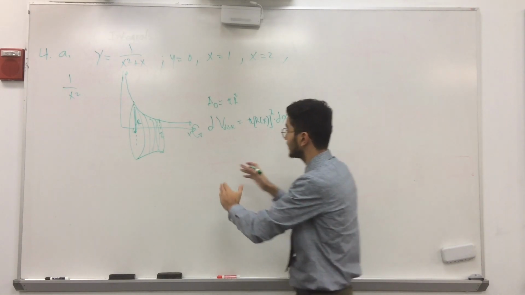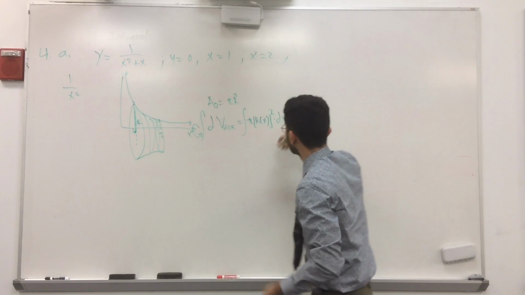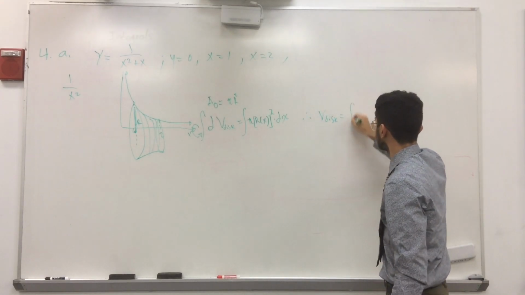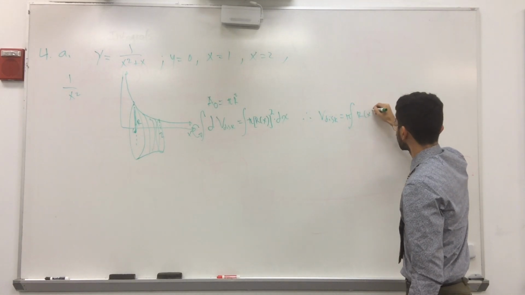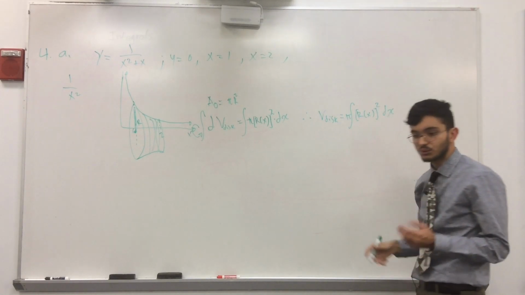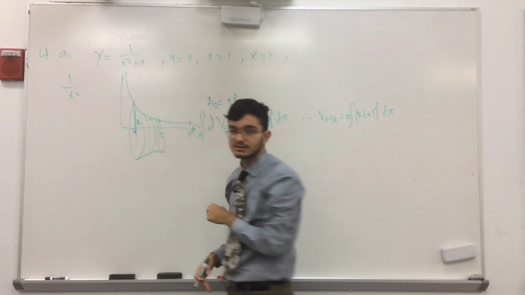So to find the entire volume, we have to integrate on both sides. The volume of the disk is pi times the integral of the radius function squared dx. And of course, the radius is defined by the function 1 over x squared plus x.